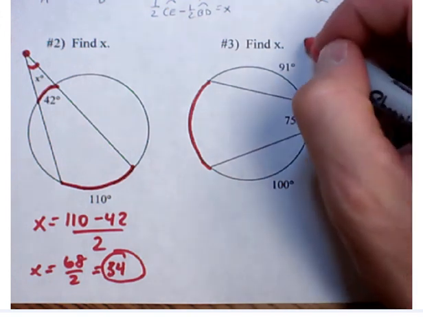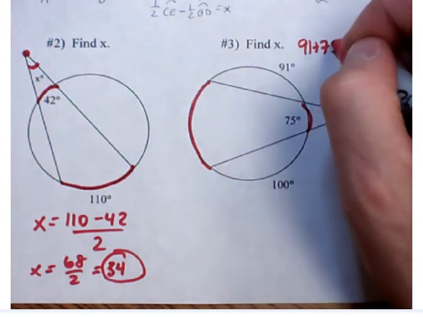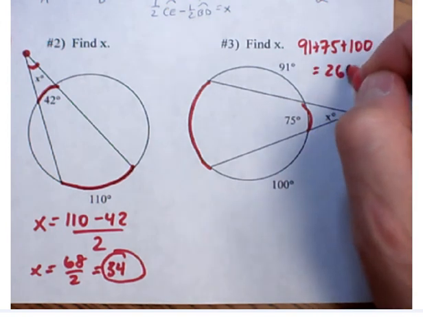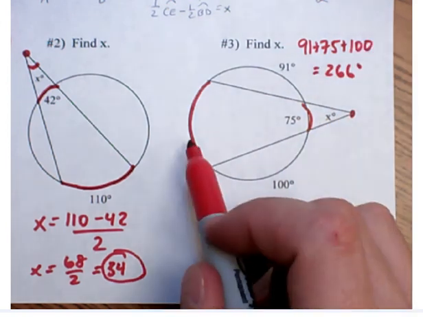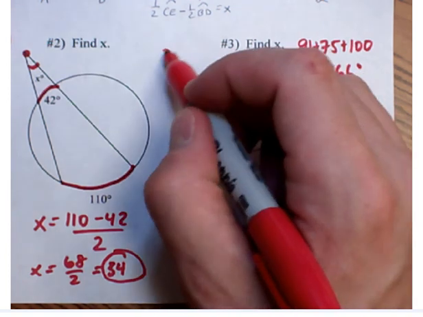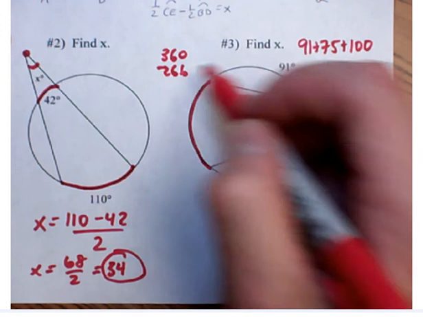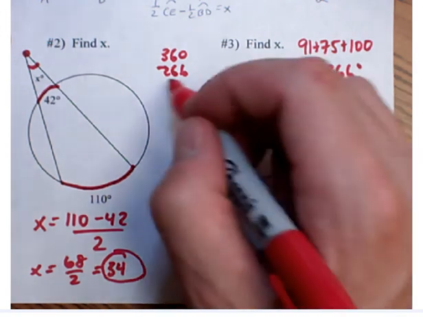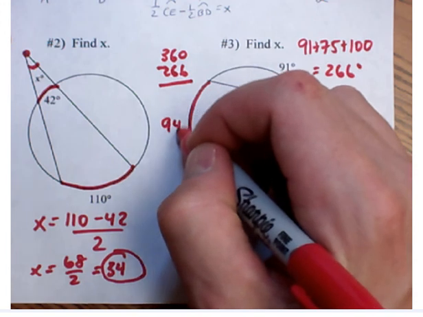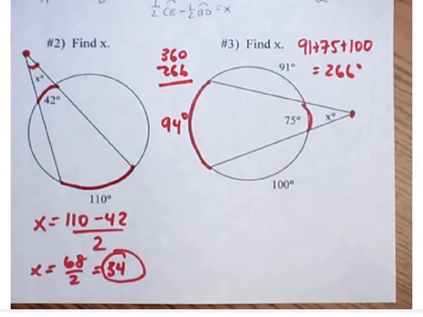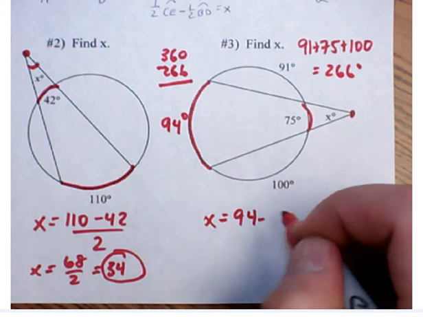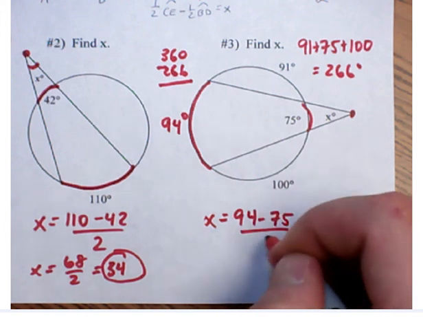Well, let's take 91 plus 75 plus 100. We get 266 degrees. To find out what's left over, we need to subtract that from 360. So 360 minus 266, and what we get is 94 degrees. That's your big arc.